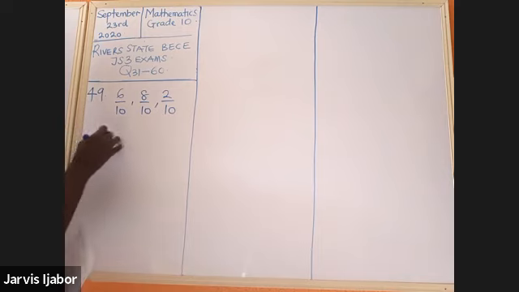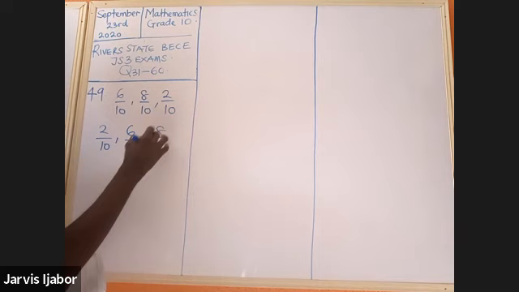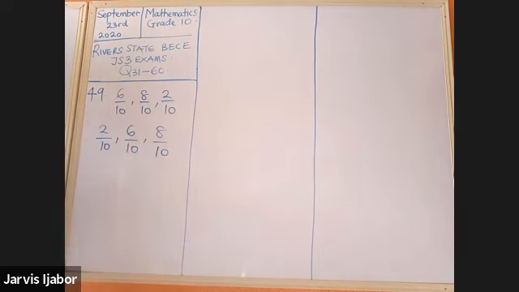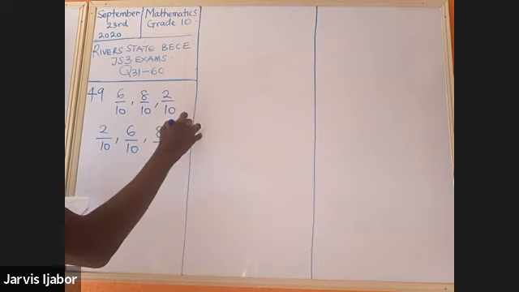We start with 2 over 10, then 6 over 10, and we go to 8 over 10. So it becomes very easy when the denominators are the same. So the answer becomes A.